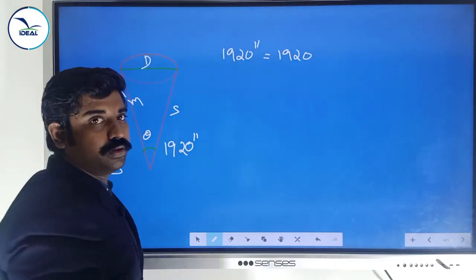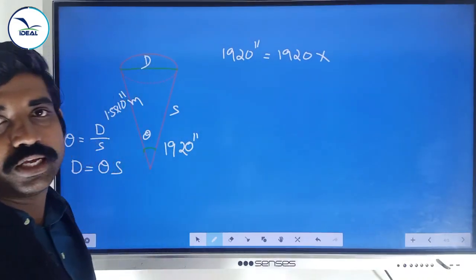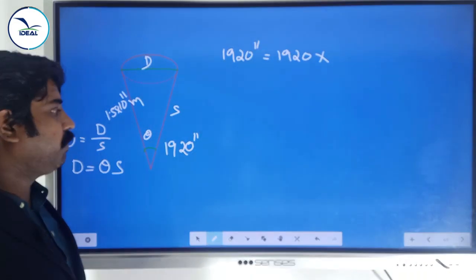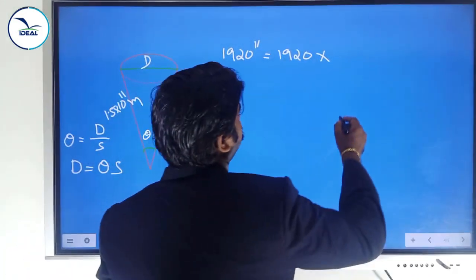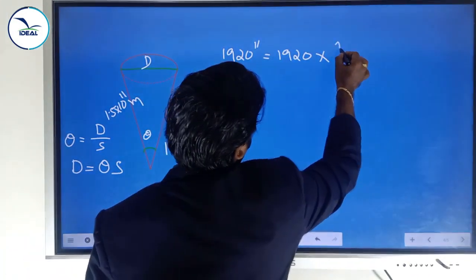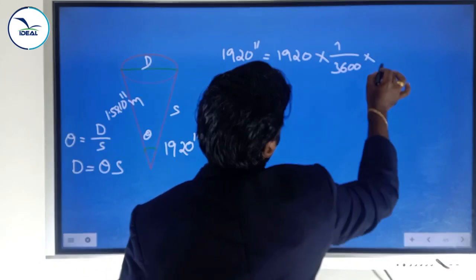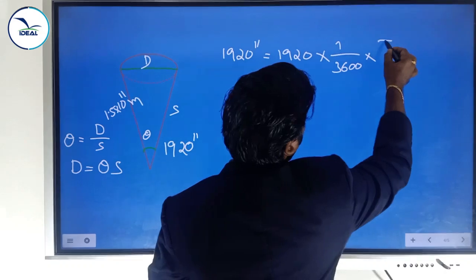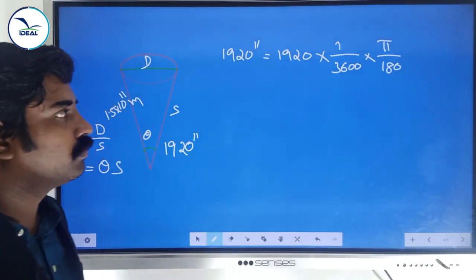We can multiply it with 1 by 3600 into pi by 180.